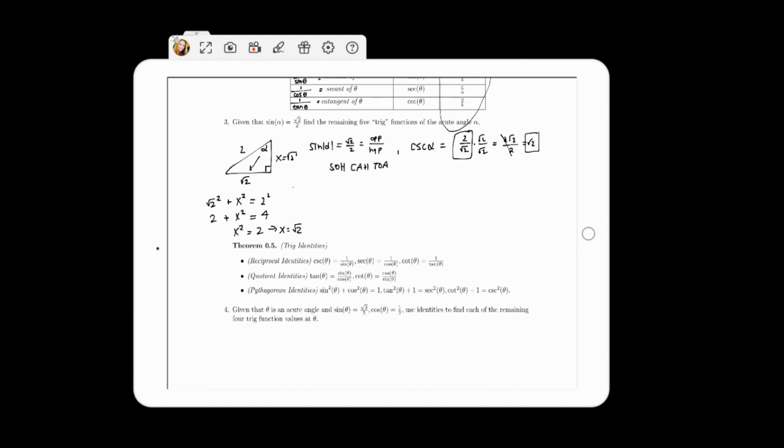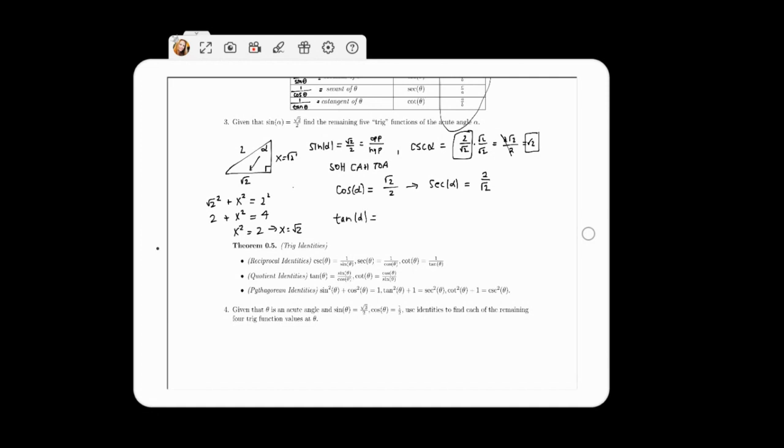Okay, so then similarly we can find everything else. So the cosine is equal to the adjacent side over the hypotenuse, and that means that the secant is the reciprocal of cosine. So the secant is there. And lastly, the tangent.